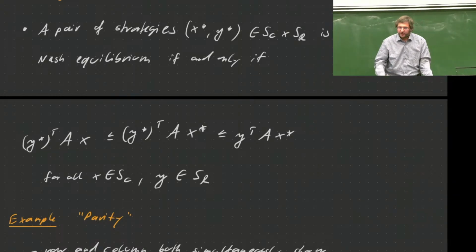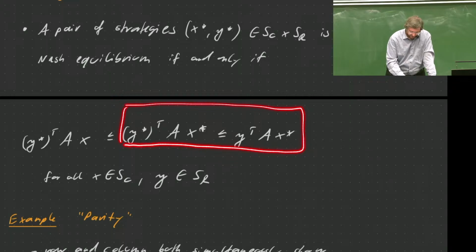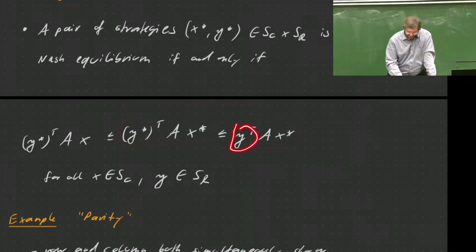Remember, the row player wants to minimize that. So if this inequality holds for all possible strategies Y of the row player, that means for every other strategy the row player could use, this payoff will be at least as big as this one here.